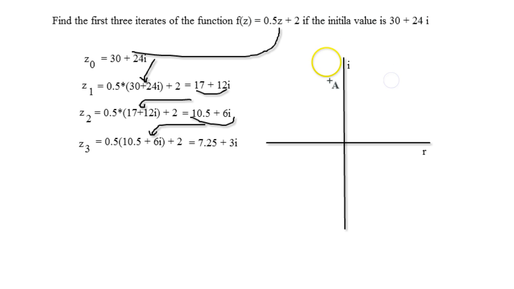For example, that first one would be 30, so I'd go over 30 on the real numbers, and then up 24 on the imaginary, and that point would be my z sub 0, which is my 30 plus 24i. And as I work my way down, you would find that you get numbers that go down like this. It's really kind of cool how it works.